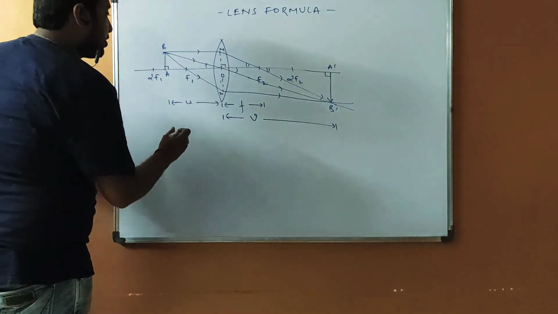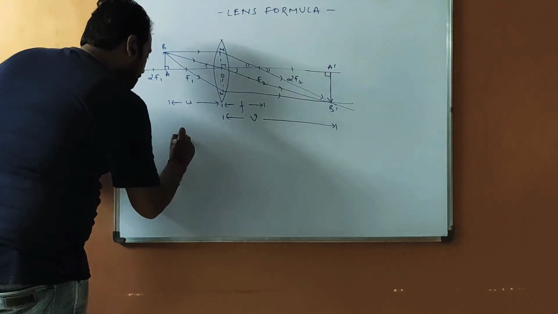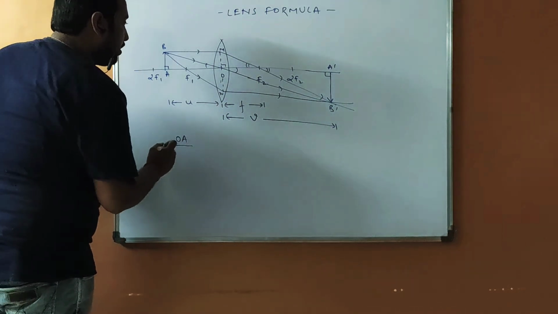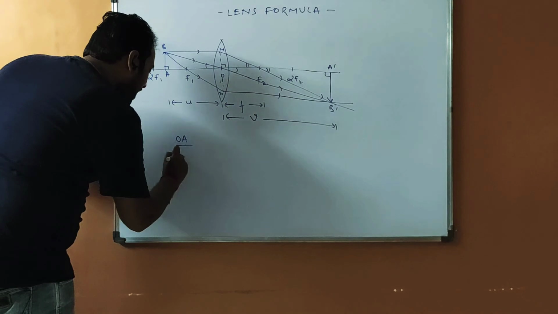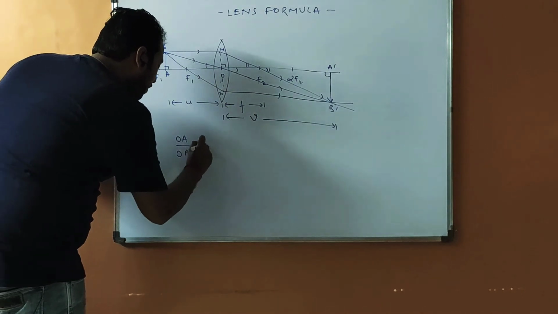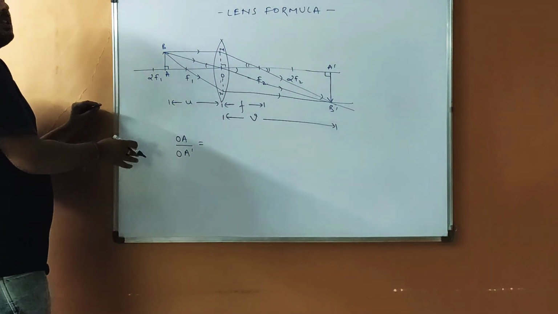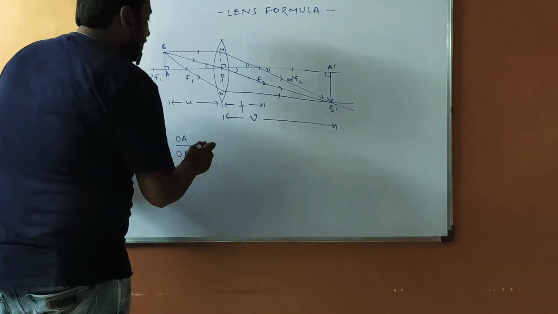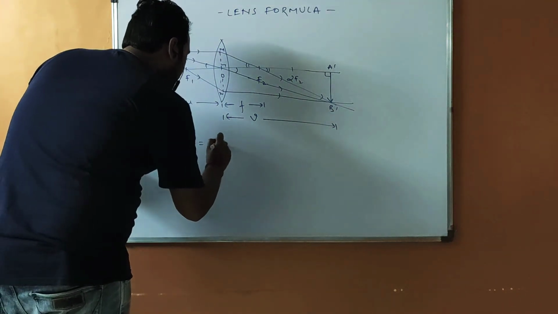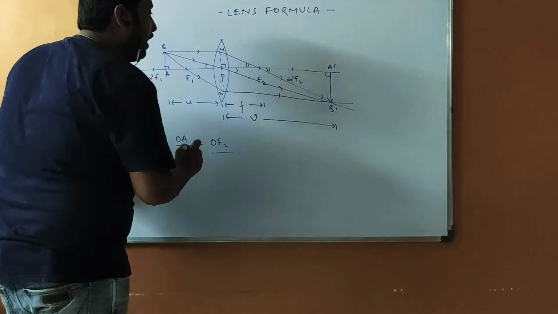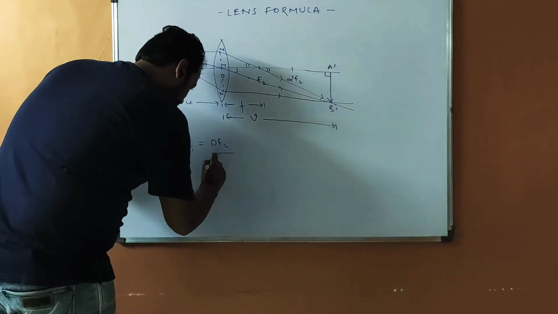OA upon OA dash equals OF2 upon A dash F2.